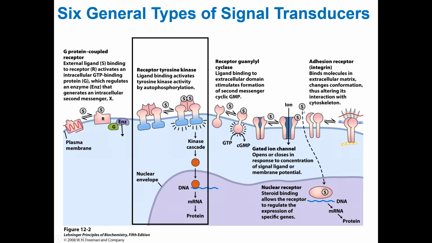It will be able to cross the membrane on its own. And then it can go and bind to certain nuclear receptors found in the nucleus, and allow that nuclear receptor to regulate the expression of specific genes. Okay, so that's the fifth kind.